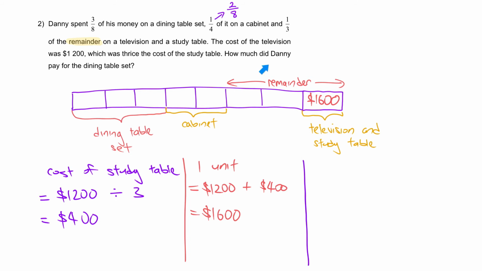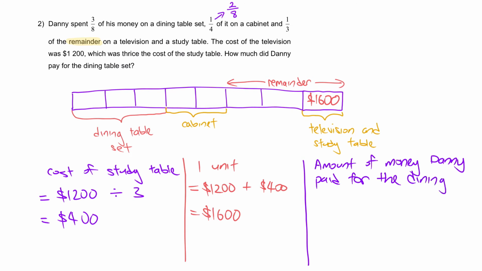Let's move on to the answer. How much did Danny pay for the dining table set? 3 units. Hence the amount of money Danny paid for the dining table set.